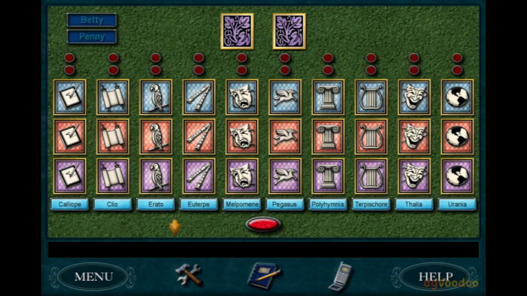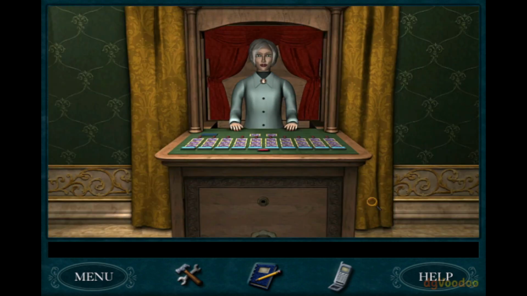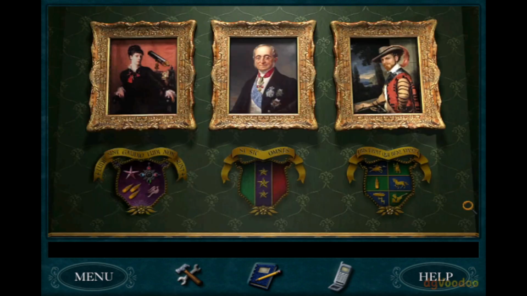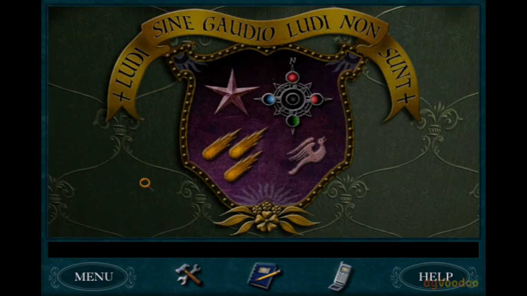Calliope, Cleo, Erato, Euterpe. Betty and Penny. I have no idea what that's all about. And then we've got more coats here. This is the same as we've got in our room.